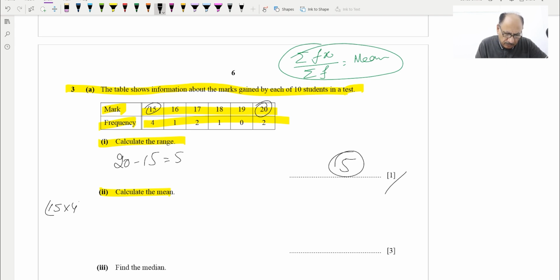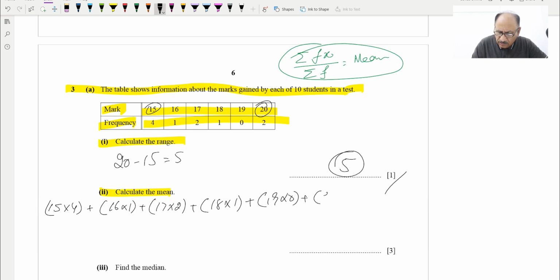So these two will be multiplied, plus this will be 16 into 1 plus 17 into 2 plus 18 into 1 plus 19 into 0 plus 20 into 2, and this whole will be divided by the sum of the frequencies. The sum of the frequencies is 10, because 10 students, so we can divide this by 10.